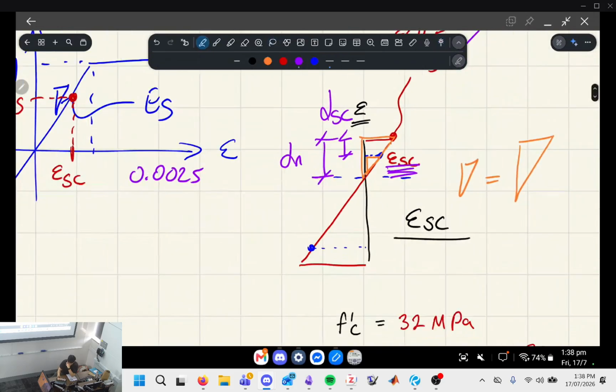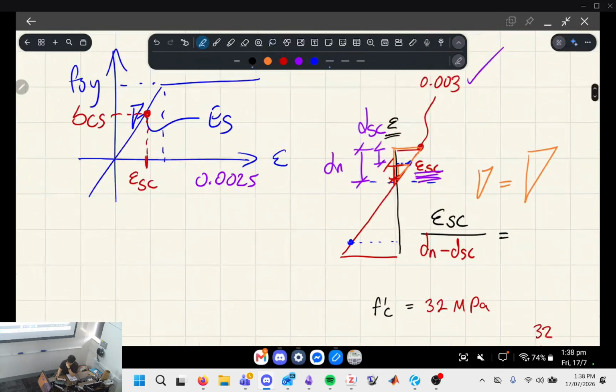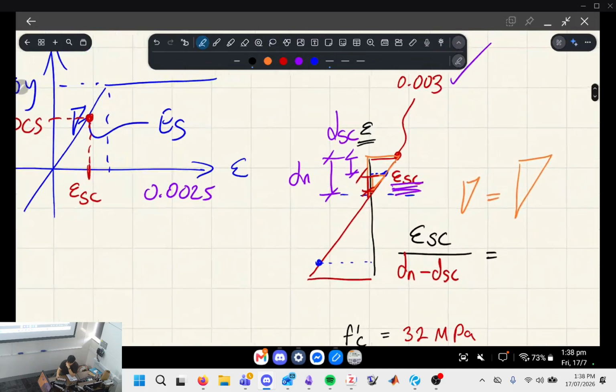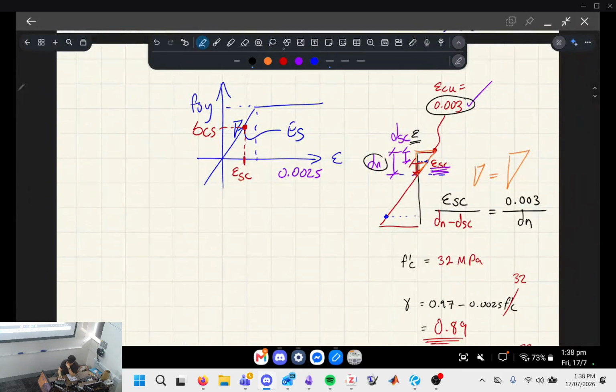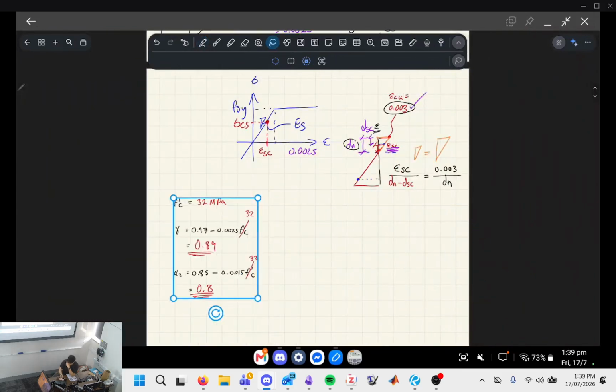So we want this dimension here. So that's dn minus dsc. And then this bigger triangle, rise over run, we know what the rise is, 0.003, and the run is dn. All right, now we're cooking, right?